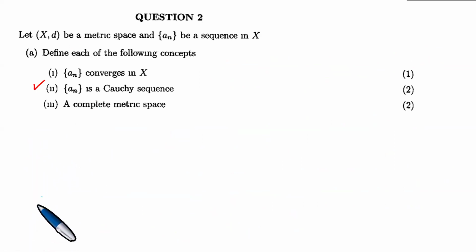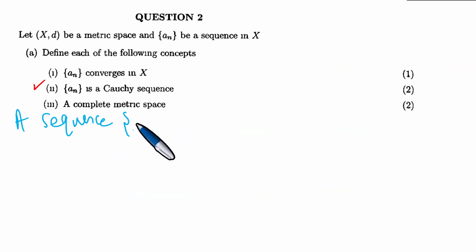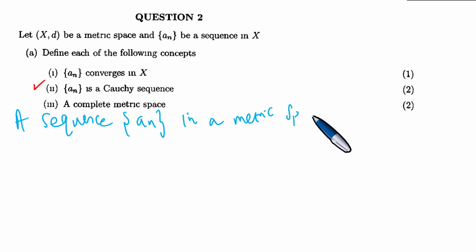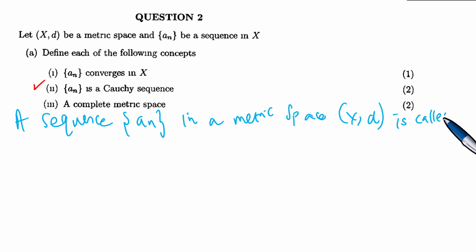And we note that a sequence AN in a metric space XD is called a Cauchy sequence.